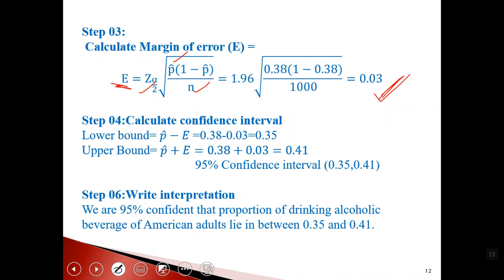Done. Now step number 4, calculate the confidence interval. Lower bound p hat minus E: p hat is 0.38 minus E, which is 0.03. Upper bound p hat plus E is 0.38 plus 0.03. So you can write the 95% confidence interval for the population proportion like this: lower bound, upper bound.